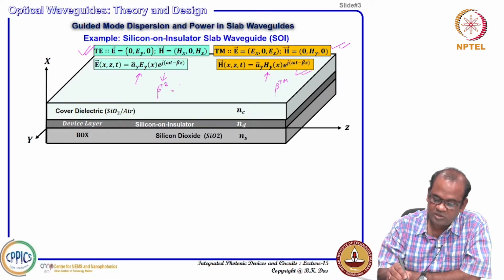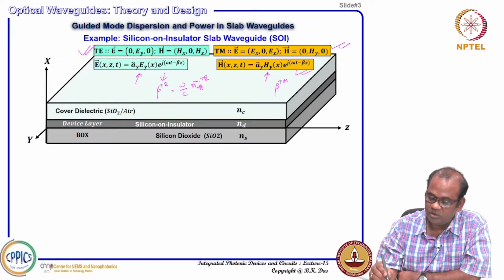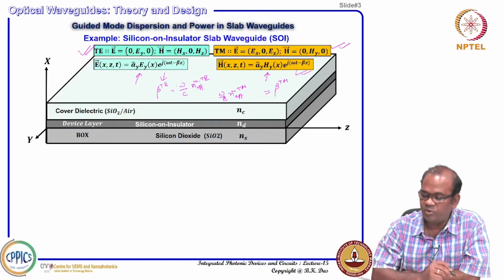If the frequency is the same, we can write beta TE equal to omega by c n effective m for TE, and beta TM equal to omega by c, same frequency, n effective m for TM. So the integer m is different in each case.